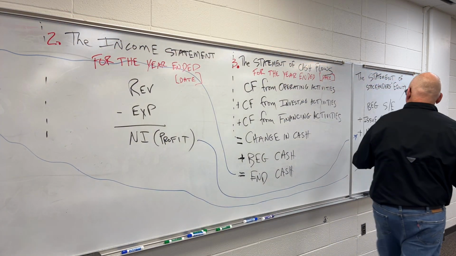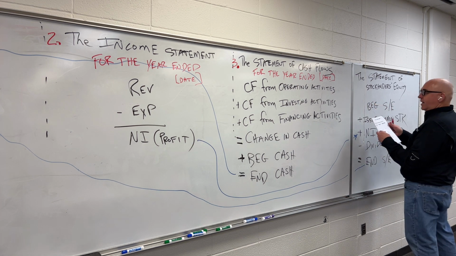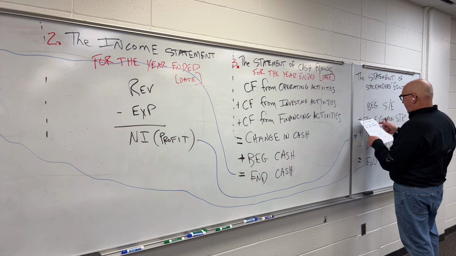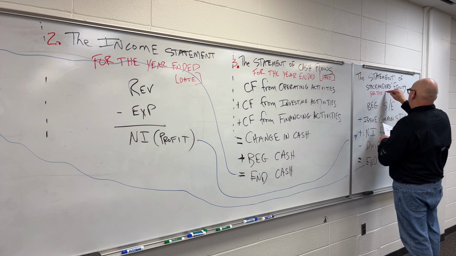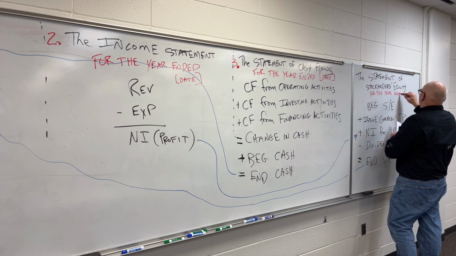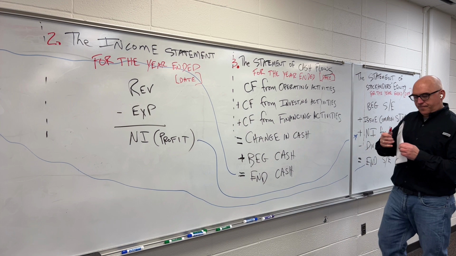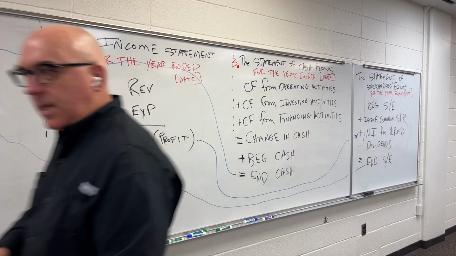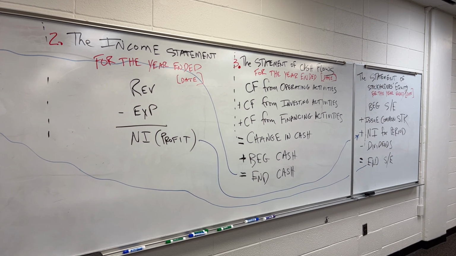And then the statement of stockholders' equity, yet again, like the last 2 we've talked about, is for the year ended with a date. Let me move the camera over there so you can see what I just wrote, although you have to look real close.